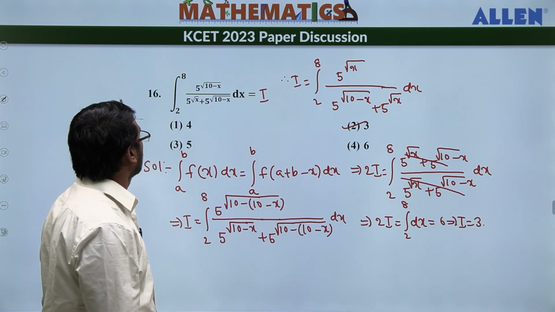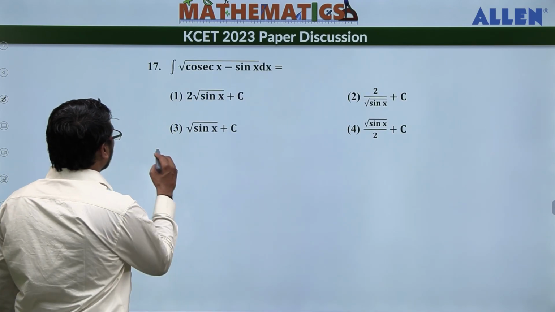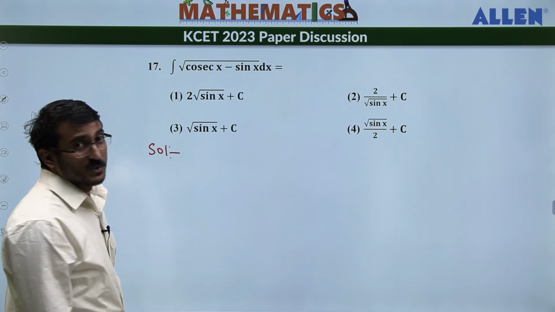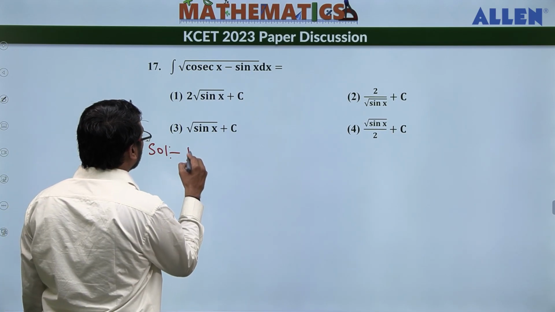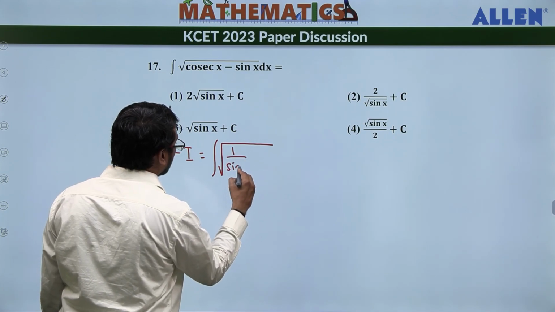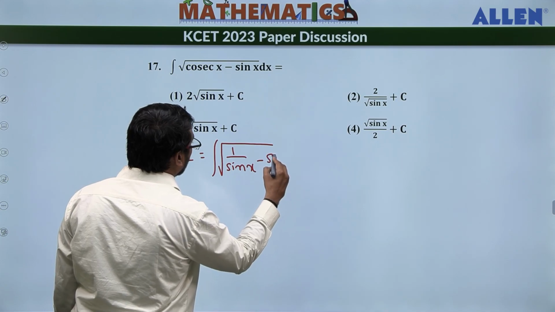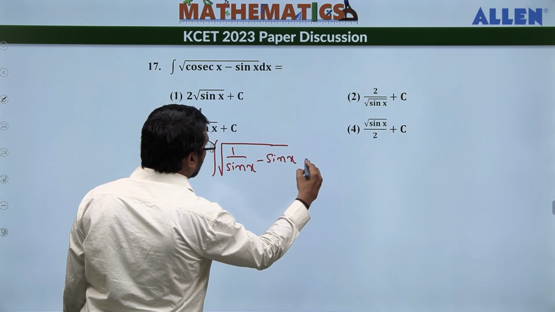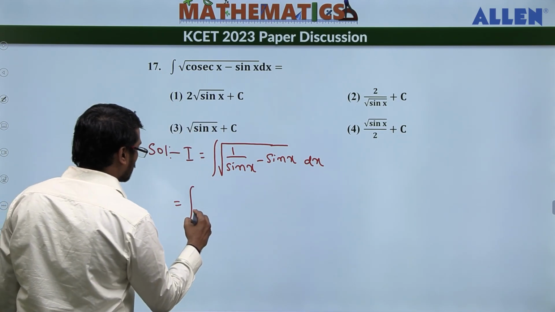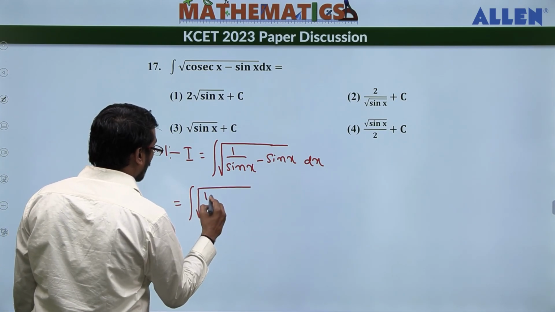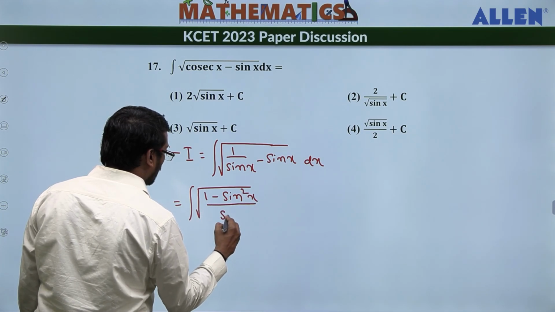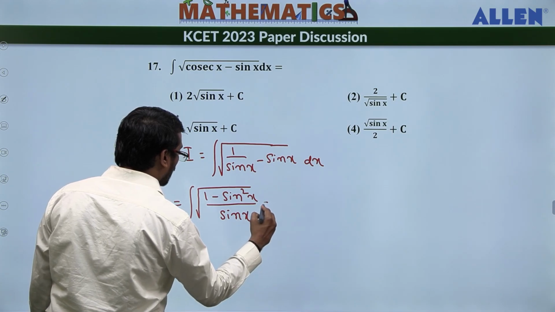We will move on to question number 17. Let us call it I, integral of square root of cosecant x minus sin x, dx. So, take the square root of 1 minus sin square x by sin x, dx.